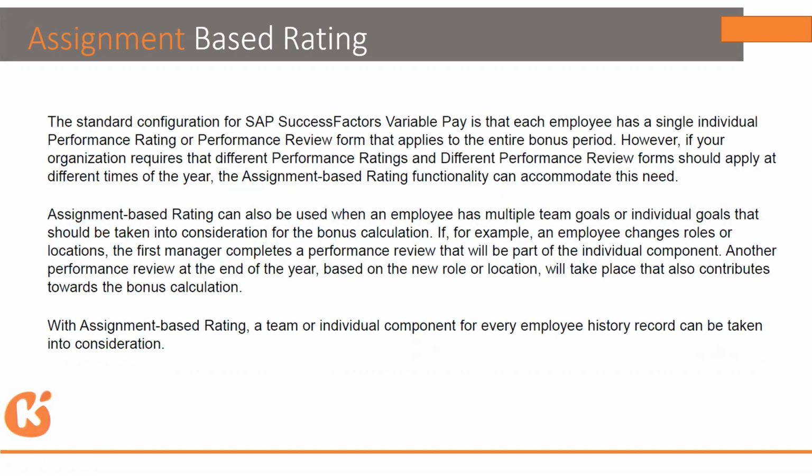Then assignment based rating. There are two kinds of assignment rating you'll find in your variable pay. One is, if you have worked on two or three, let's say you worked on three assignments in the last year, your assignment actually starts from January. If not, if it was started in 2020, let's say in October 2020, from where do you want to calculate this?